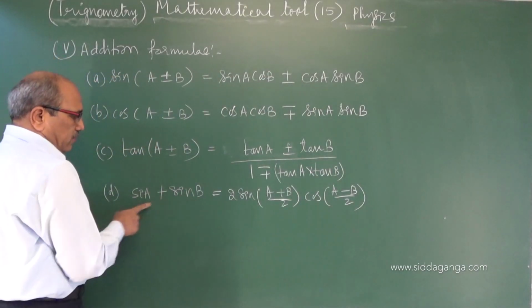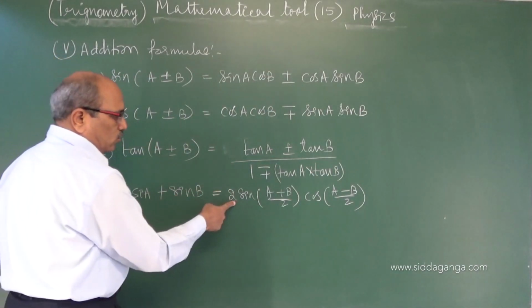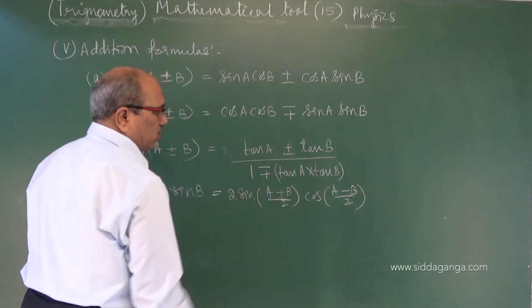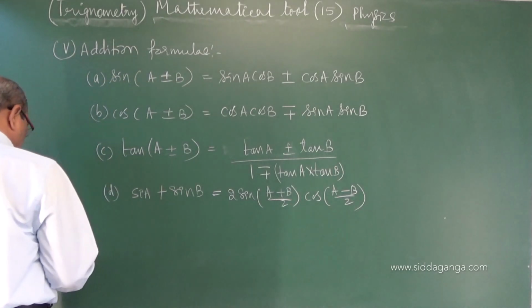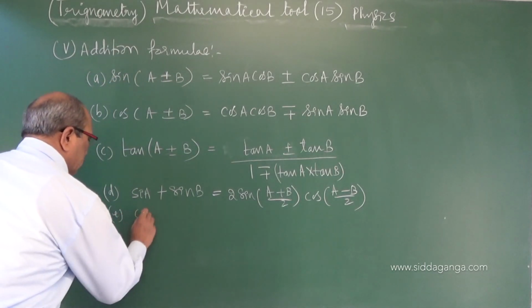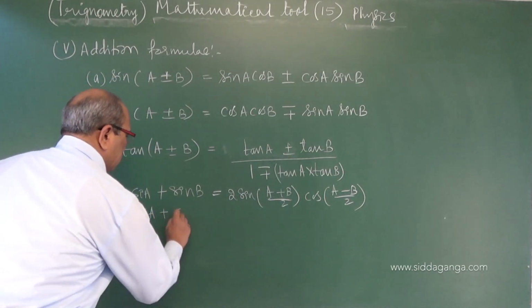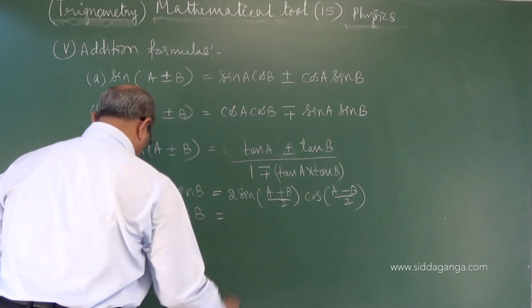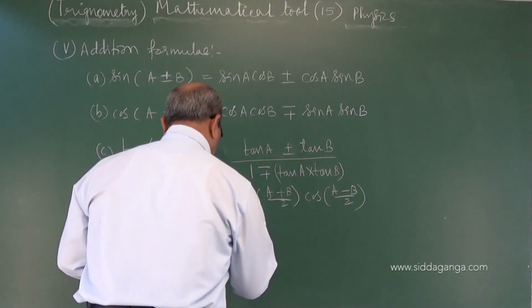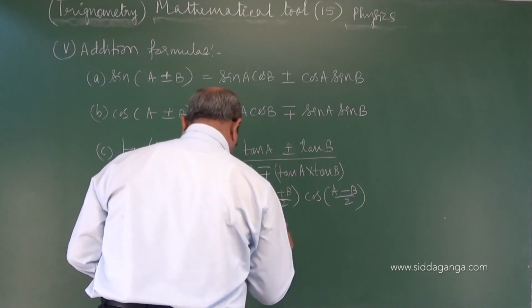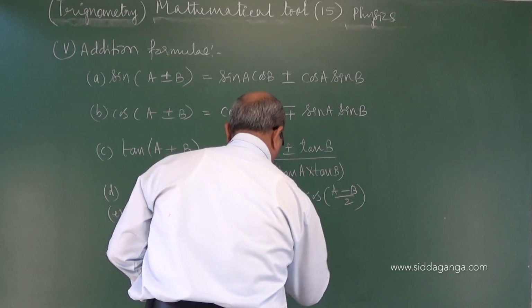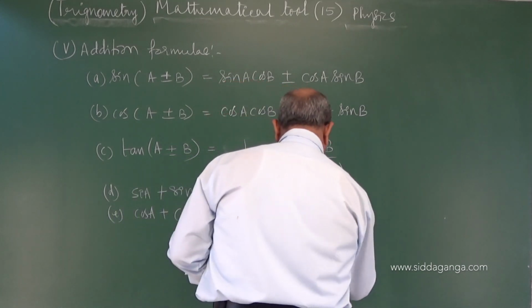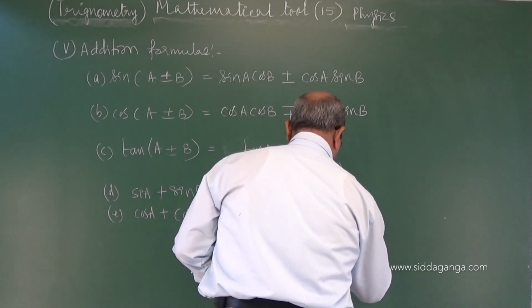Similarly, cos A plus cos B can be written as 2 cos A plus B by 2 into cos A minus B by 2.